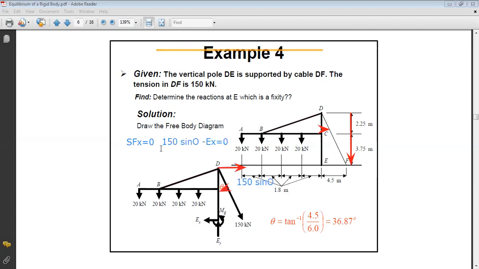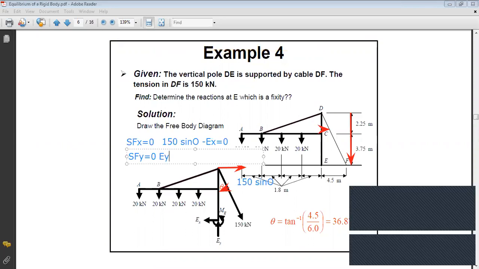Now, along y, we have that sum of Fy equals to 0. Along y, we have several forces. We have Ey minus, you have 20 kilonewton, 1, 2, 3, 4. So minus 4 times 20. And don't forget the projection of the 150 kilonewton force on y.